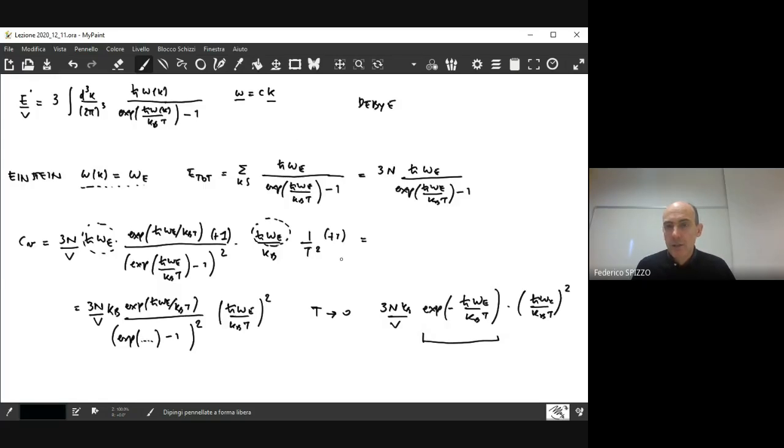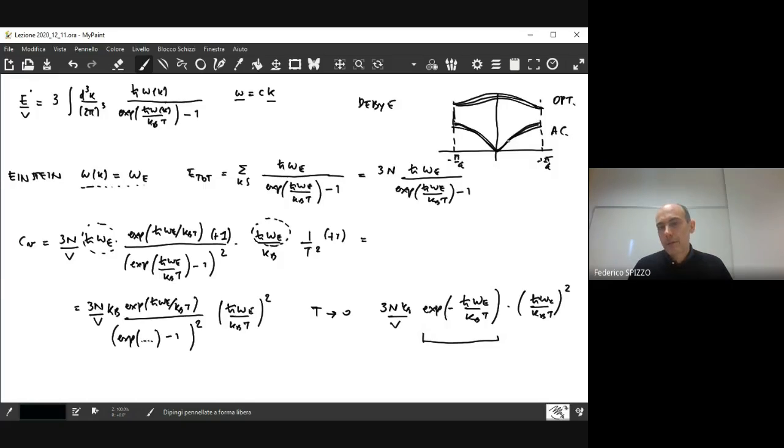And this is just due to the fact that the typical energy of the acoustic phonons is smaller with respect to the typical energy of the optical phonons.